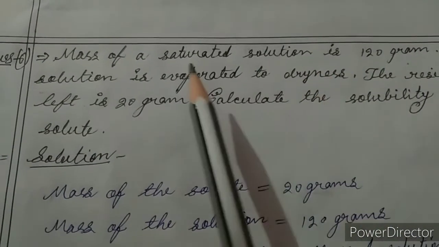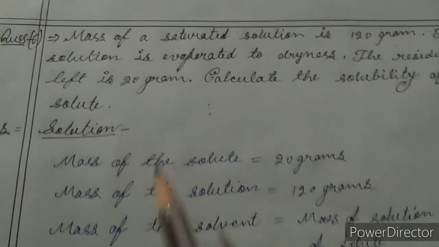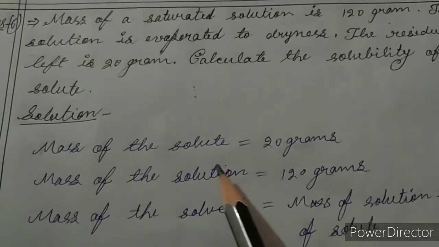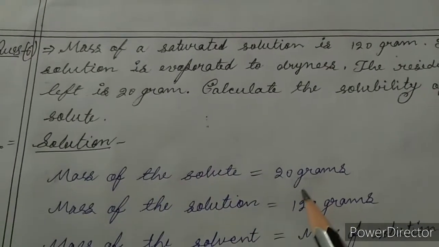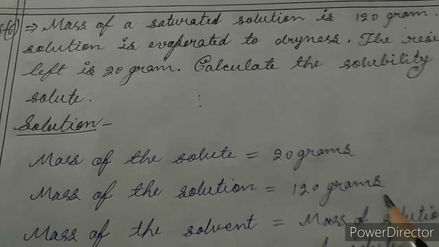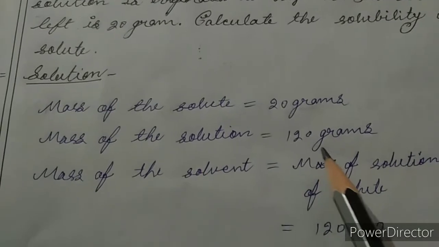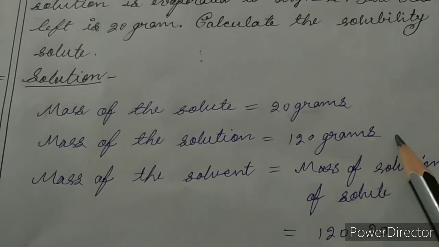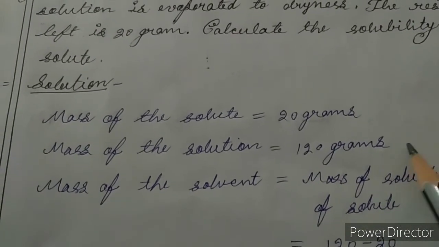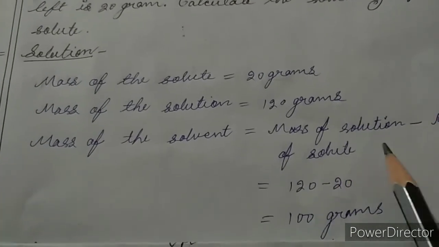So here first of all we will write all the things. Mass of the solute is equal to 20, it is the maximum mass, and mass of the solution is equal to 120 grams. But when we want to find the solubility, we need the mass of the solvent. So first of all we will find the mass of the solvent.